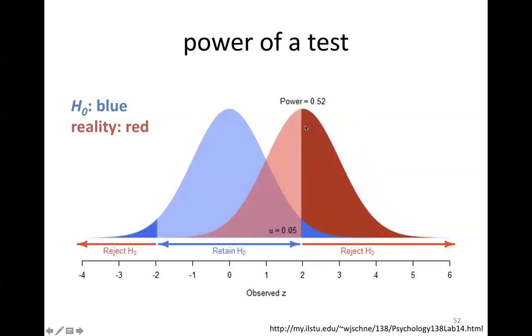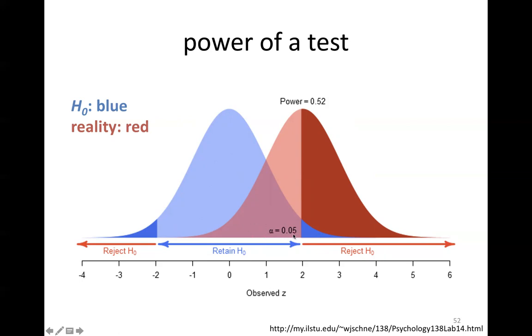But in this case, for instance, here is the null hypothesis, here is the reality. Half of the samples we collect from reality will be beyond the threshold, as you see, but half of the sample means will be on the inner side of the threshold, and so we won't be able to reject.